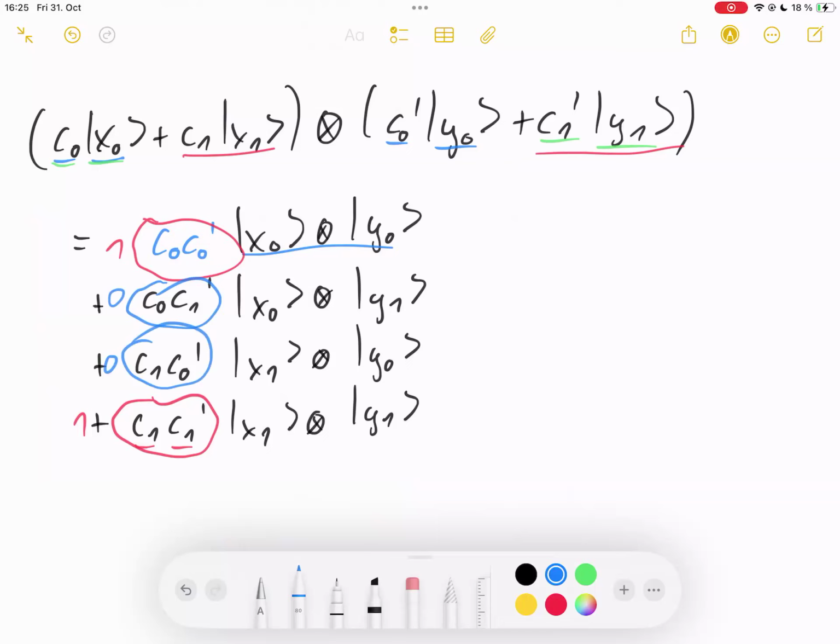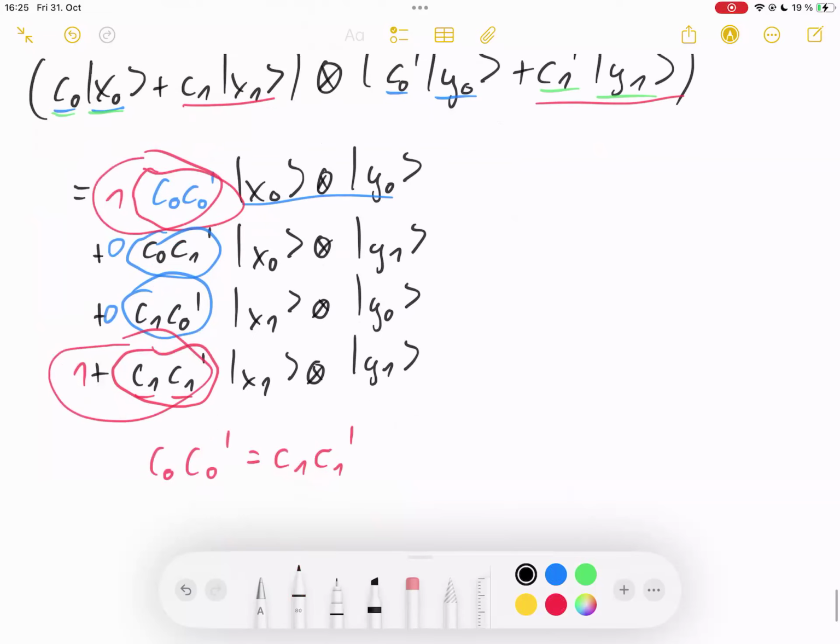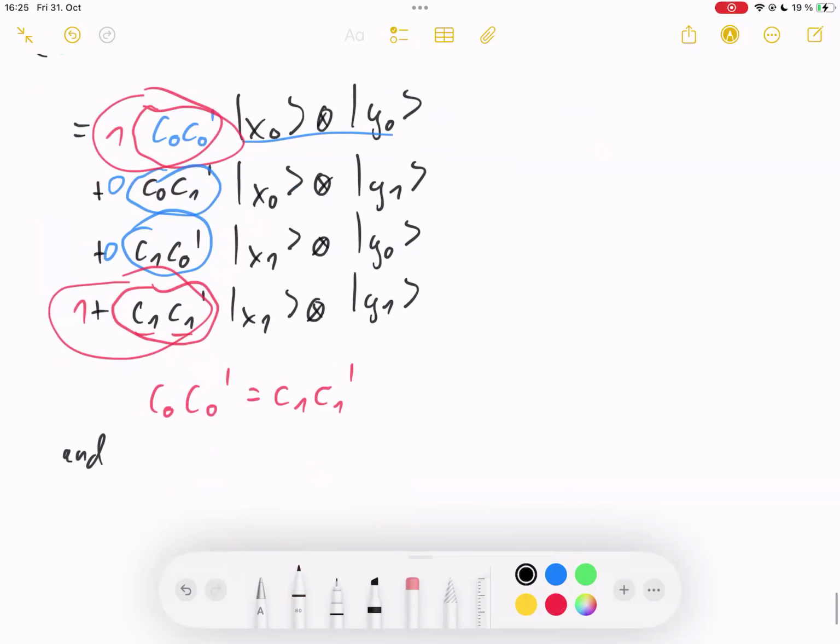And in order to achieve this, I would need, so I'm writing in red what I had highlighted in red, C0 and C0 prime must be the same as C1 and C1 prime, which is this and this. And I would need, in blue, my C0 times C1 prime must be the same as C1 C0 prime.